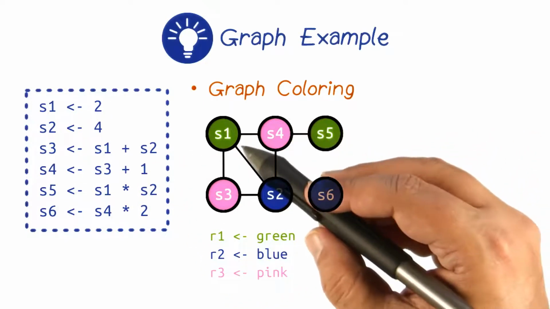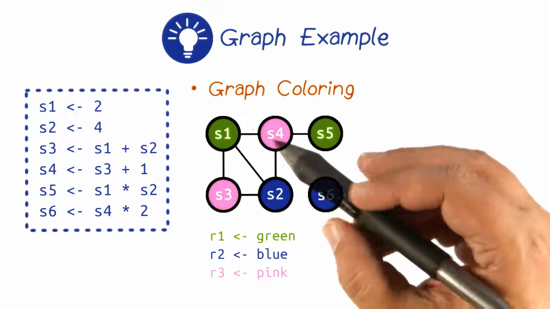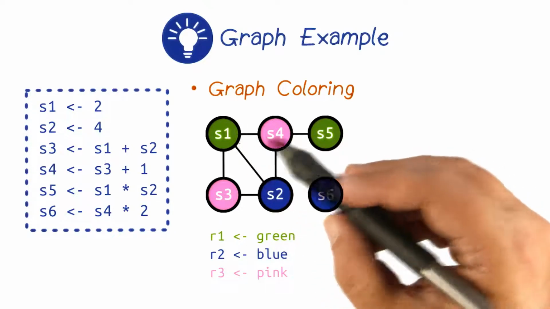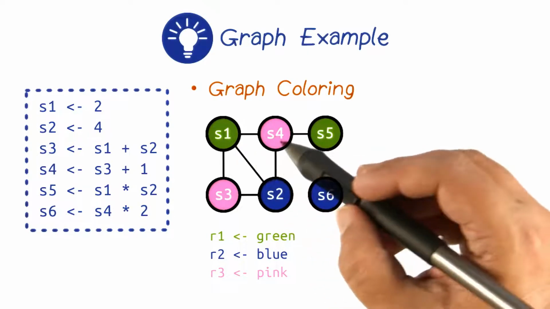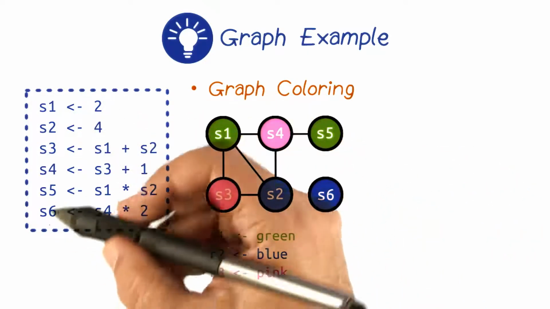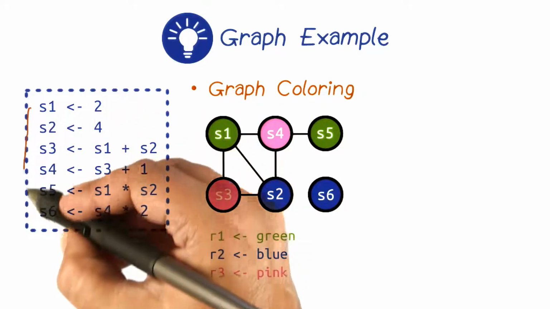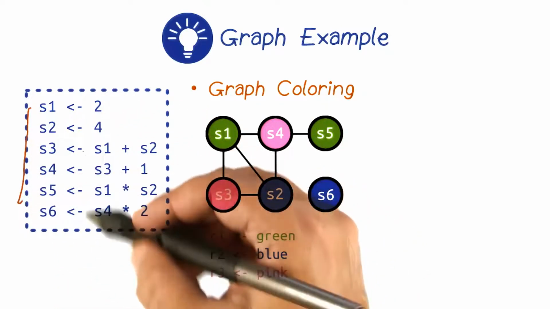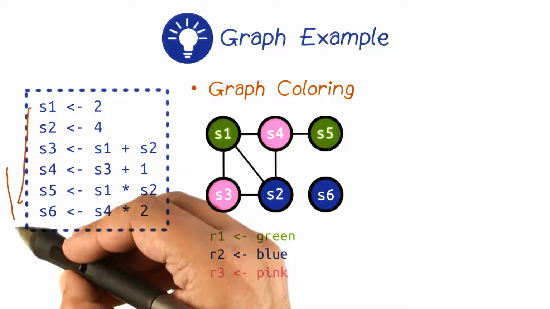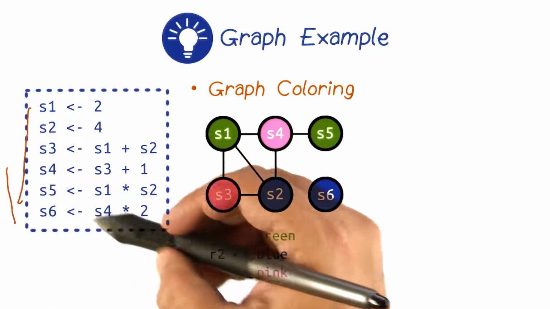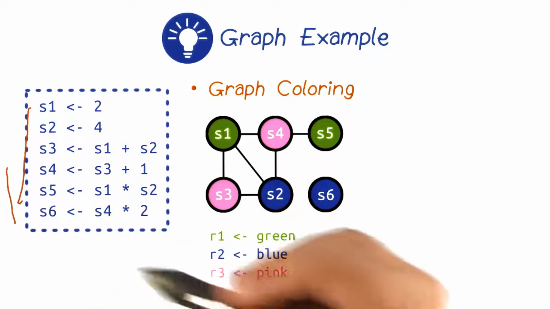In other words, the nodes which have an edge cannot be colored with the same register. That's a simple principle that we apply, such as S1 and S4 are overlapping here. This is S1 going all the way, and here is S4, which is going from the definition to the use. These are the 2 live ranges which I have shown.